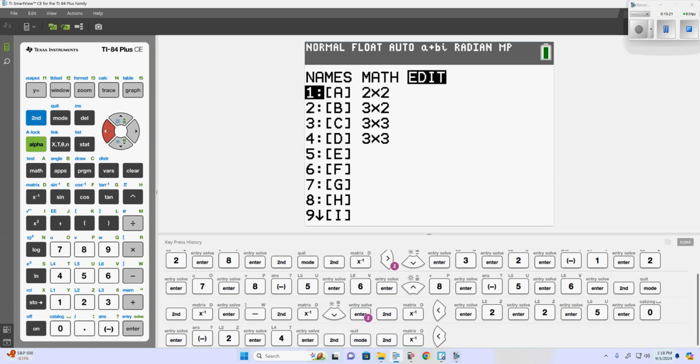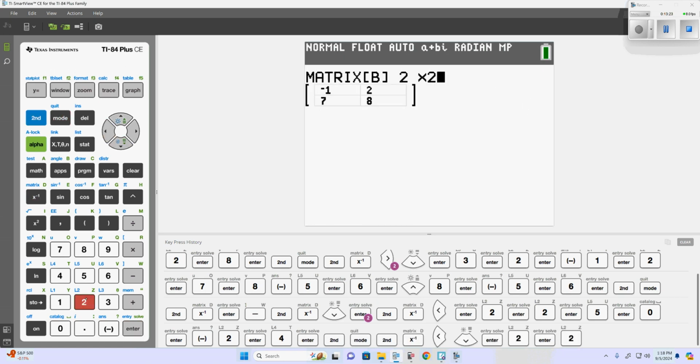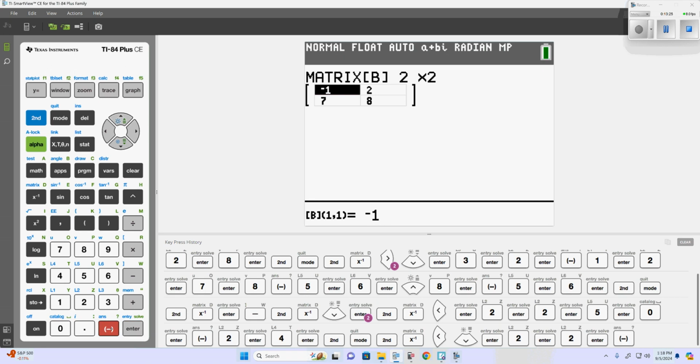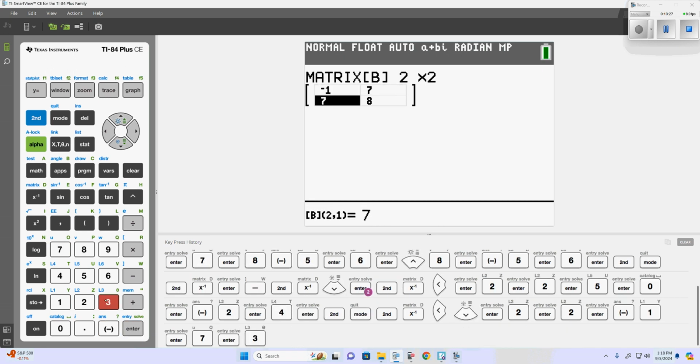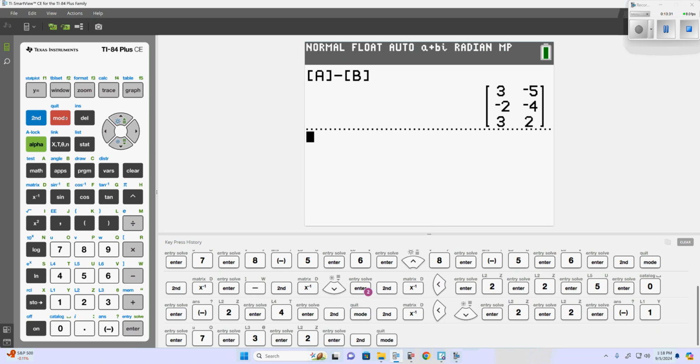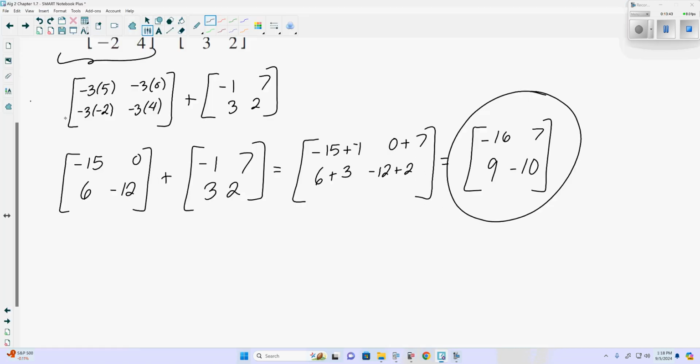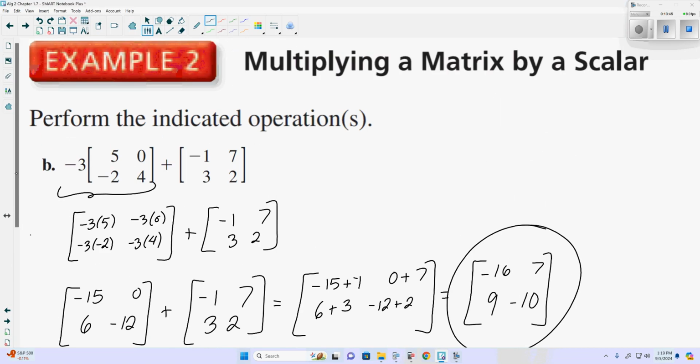Second matrix, we'll go over to B for our second matrix. -1, 7, 3, 2. I can quit, because I think we feel comfortable getting those in, yes? And if I wanted to add a third matrix to this, we can just name it C, the third one.